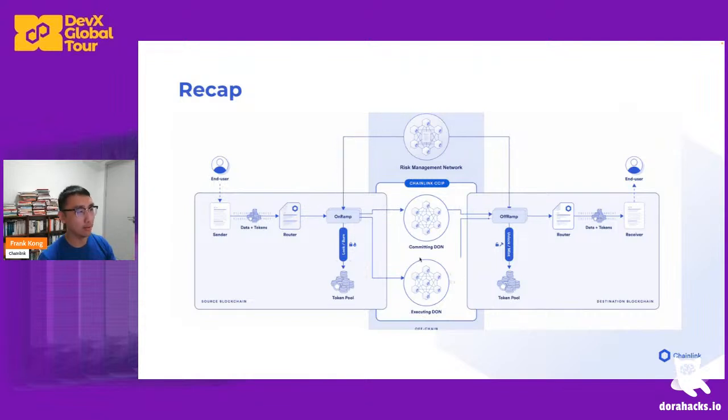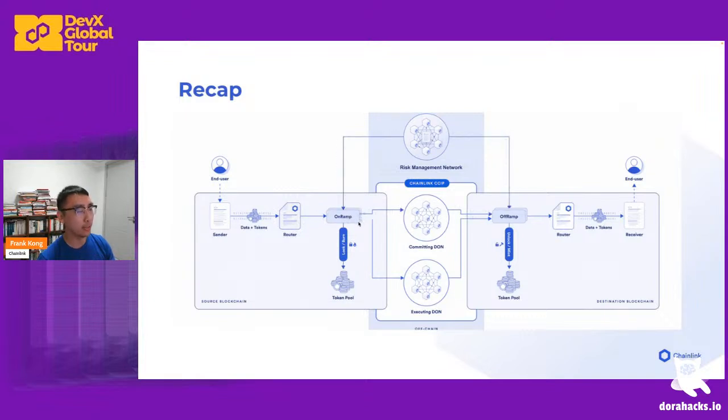So the whole process is like we talked about before: the end user uses the sender smart contract to send a message to the router, because this end user needs to tell the CCIP which blockchain he wants this transaction to be sent to. So you need to input the chain selector and the message you want to cross in the router, and the router will wrap all this data together and send it to the on-ramp.